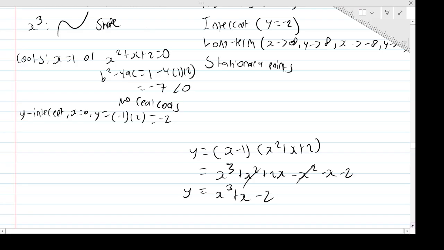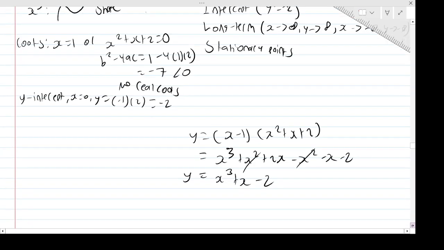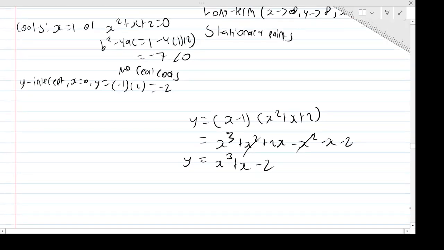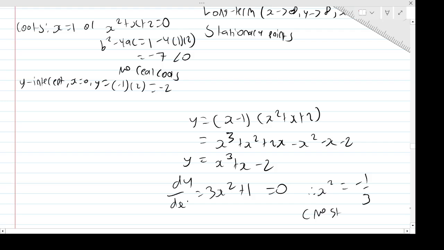That's my simplified y value, that's my function there. So then dy dx, if I differentiate this, I get 3x squared add 1. Now, if we were to set that equal to 0, well, actually, that's telling me that x squared would be minus a third. We can't square root a negative, so there's no solutions. So there are no stationary points.